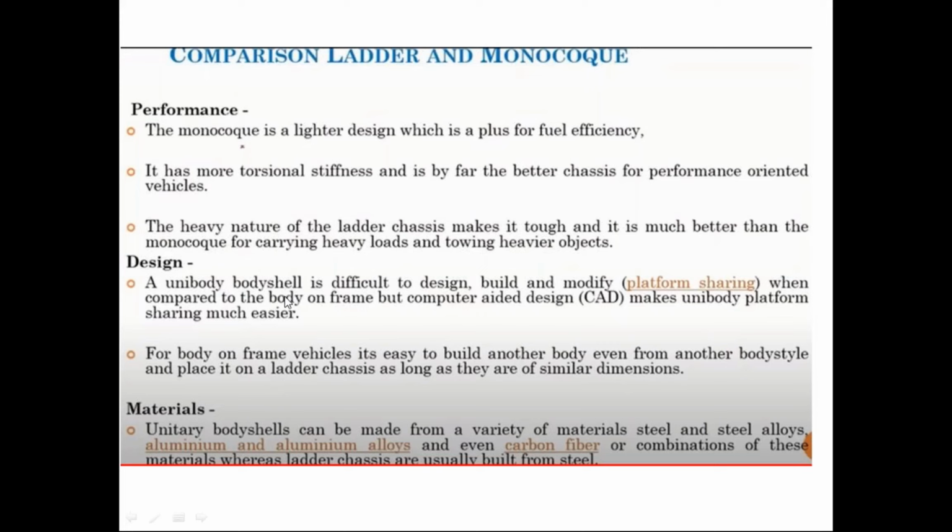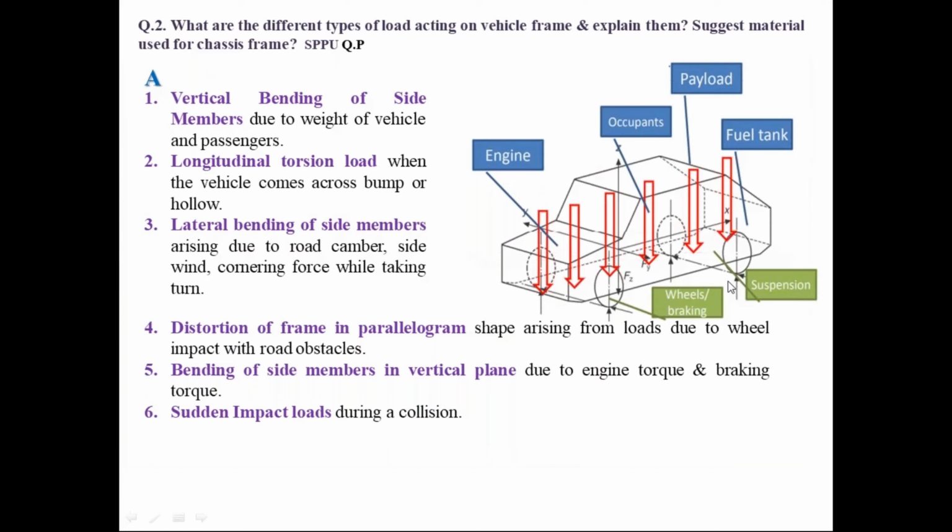Then related to materials, different steel materials were probably used, but nowadays carbon fiber combinations with different aluminum alloys are preferred for chassis manufacturing. Why? Because the important thing is weight and cost reduction. So this is the basic comparison.